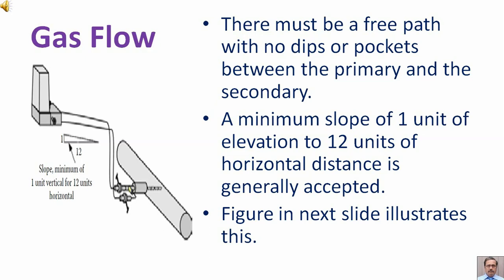There must be a free path with no dips or pockets between the primary and the secondary. A minimum slope of 1 unit of elevation to 12 units of horizontal distance is generally accepted. The figure in the next slide illustrates this.